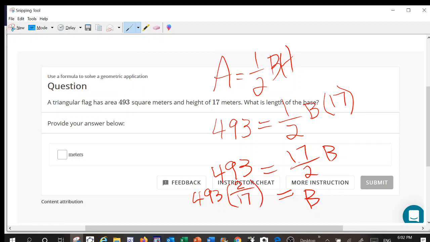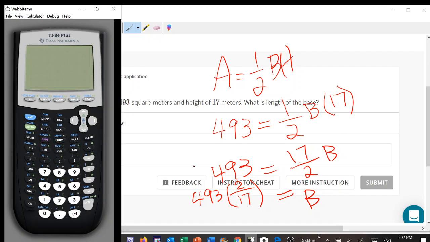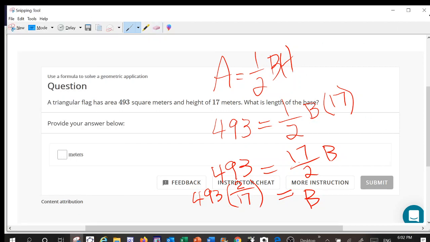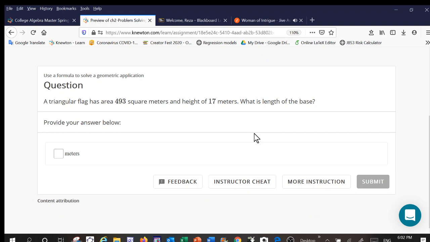And you want to do arithmetic in your head if you want to practice. So what we can do is just 493 times 2 divided by 17, and that's 58. So the answer is 58. Okay.